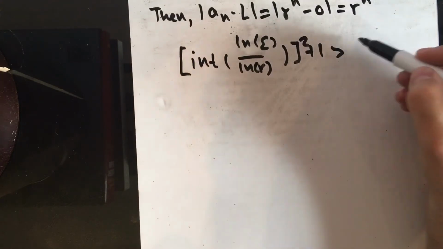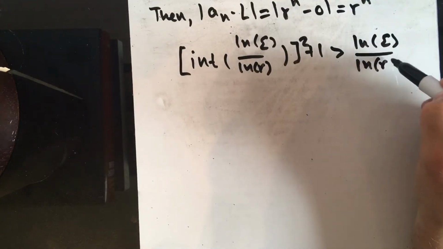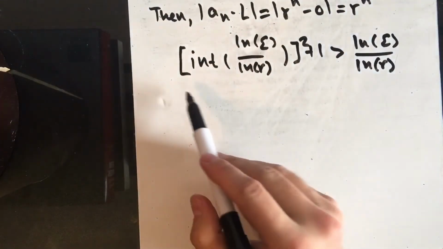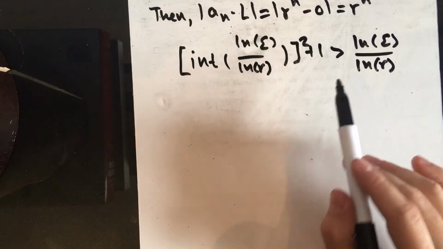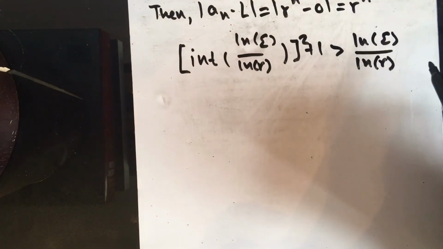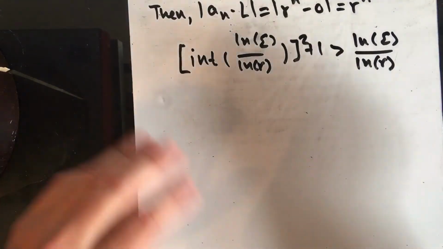And this is certainly greater than ln of epsilon. But why? Notice that here on the left-hand side of the inequality, this is strictly a positive number, while on the right-hand side, you can potentially have a negative number. So I'll erase this.